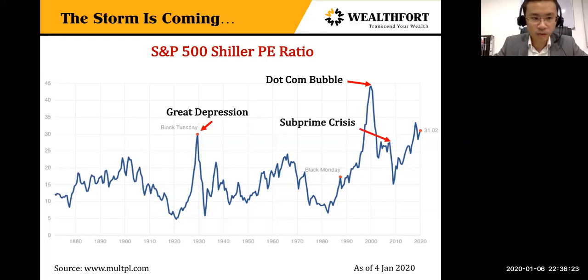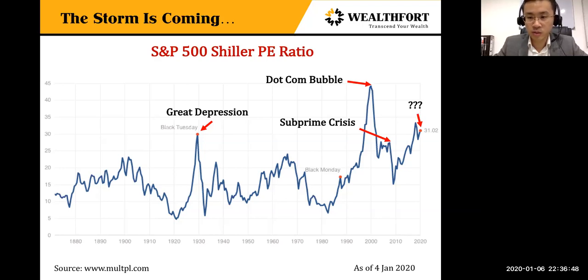In the subprime crisis, it crashed from 27. Right now, as of 4th January 2020, our P ratio is at 31, which is the second highest after the dot-com bubble. So the risk is really very high now.